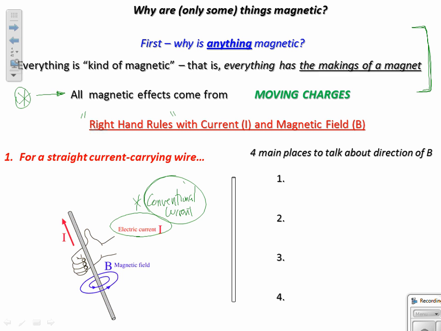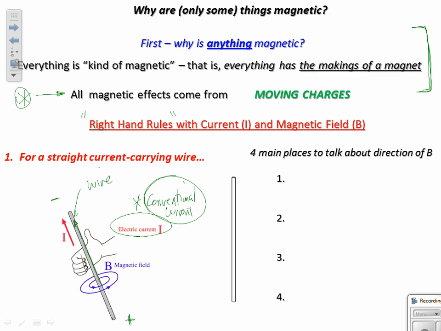All right, you got to know that. So this thing is a wire. And we're saying that somewhere down here there's a positive and somewhere up here there's a negative. So conventional current would be the direction that a positive charge would go. That positive charge would go this way. So that's the direction of our conventional current.